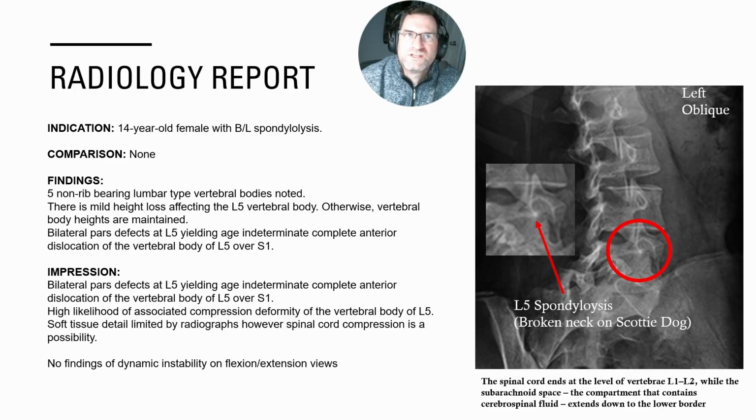Our impression is bilateral pars defect at L5, age indeterminate, complete anterior dislocation of the vertebral body of L5 over S1, likelihood of associated compression deformity of the vertebral body of L5. Soft tissue detail limited by radiographs, however, spinal cord compression is a possibility. No findings of dynamic instability on flexion and extension views.